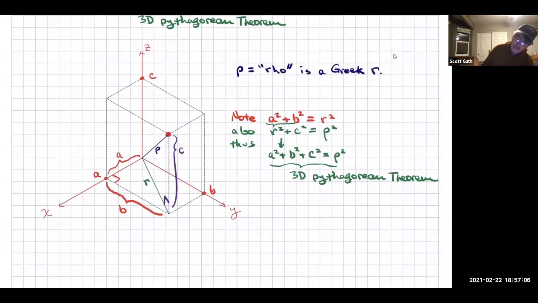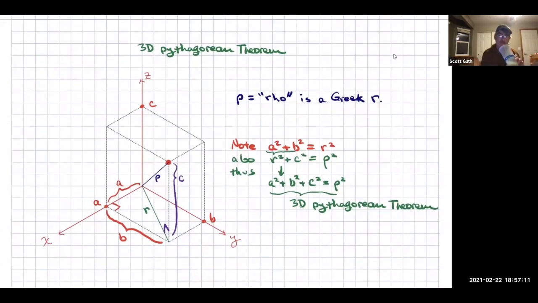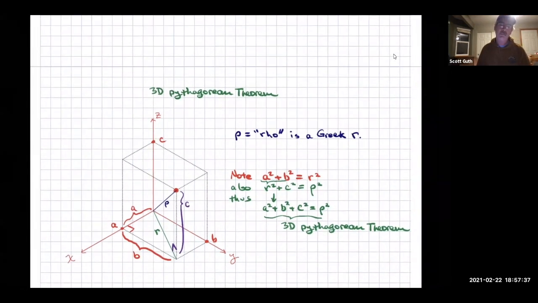Okay, and so that'll give you the diagonal of this parallelepiped that has rectangular faces. The length of the diagonal, which is rho. Okay, and of course that becomes a distance formula.